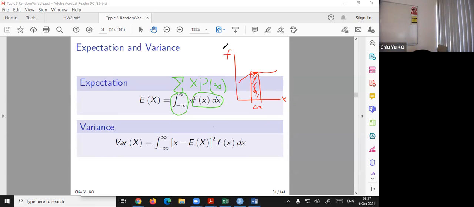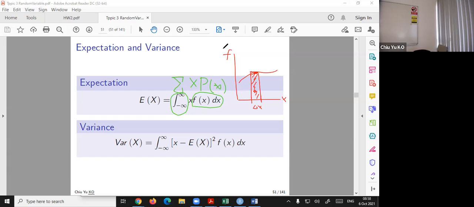So this is the probability when x, and that small area is the width of the bar, right? This is the probability of x, right? So this is the same as the idea of the discrete version.